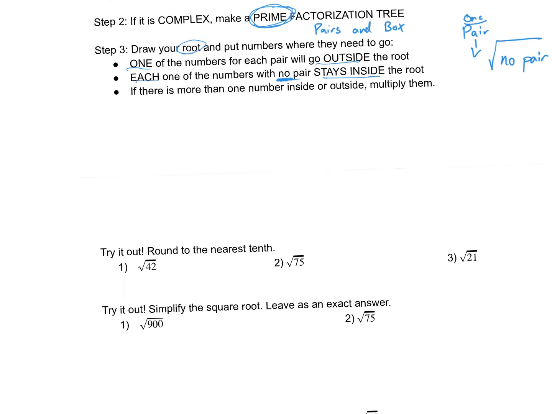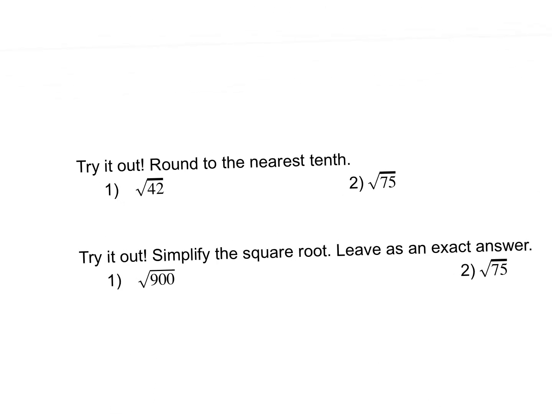So let's try some of it out. First, we round to the nearest tenth. The square root of 42: we punch that into the calculator and round it. This one should give me about 6.5.